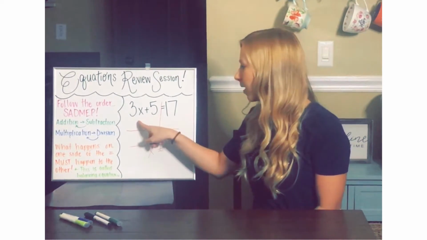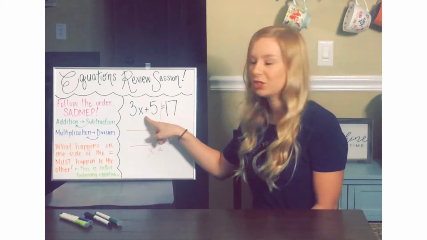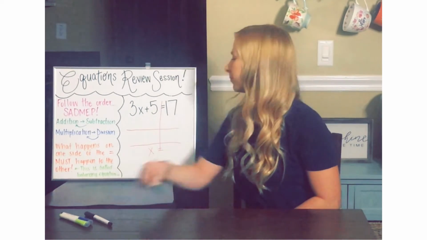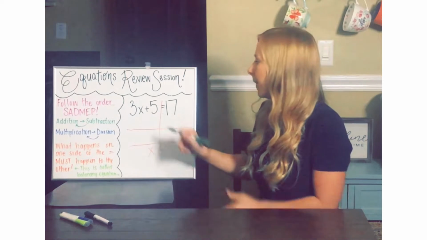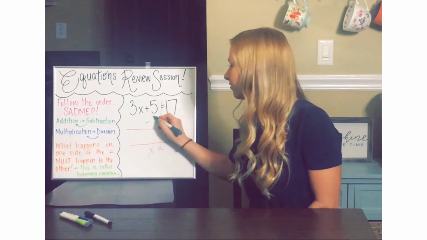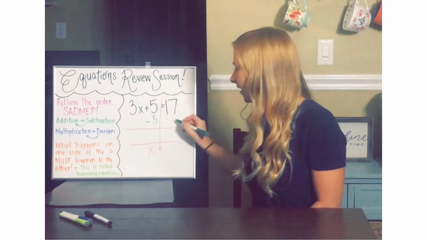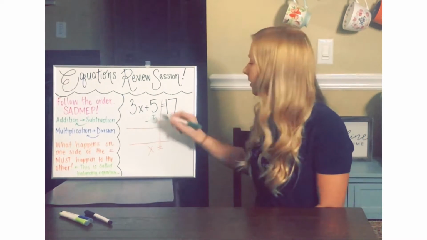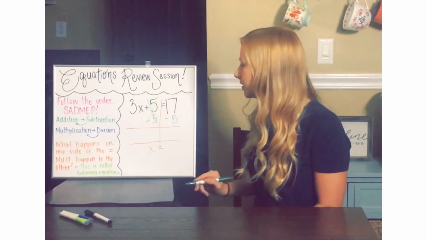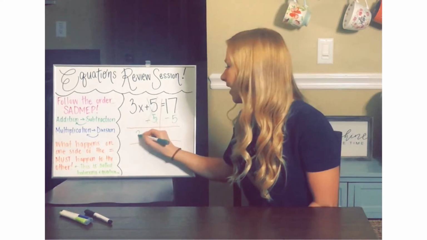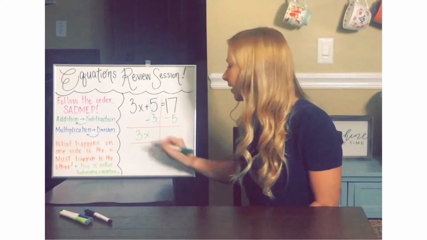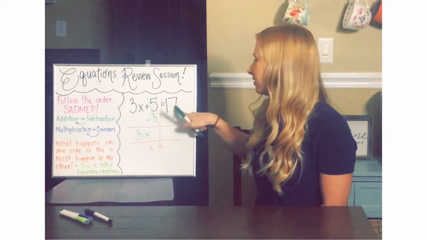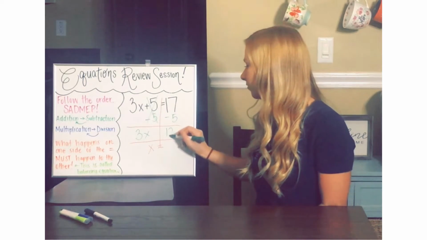So looking at this problem, first we're going to have to undo the plus 5. To undo plus 5, we are going to subtract 5 from this side, and we have to balance it, and also subtract it from this side over here. These two will cancel and equal 0, and then a 3x would drop down into this box, and then 17 minus 5 gives us 12.